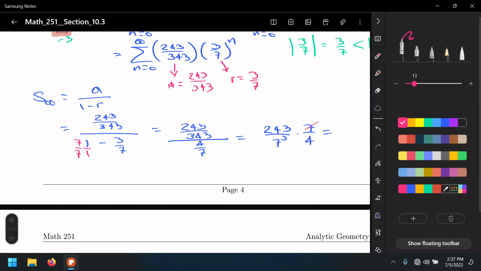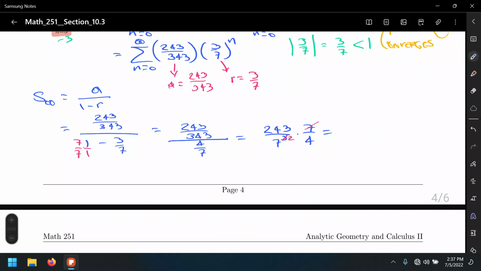The 2 remaining powers of 7 in the denominator will make a 49, and that times 1/4.